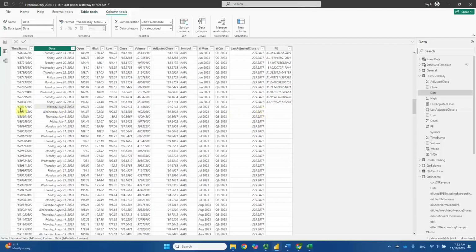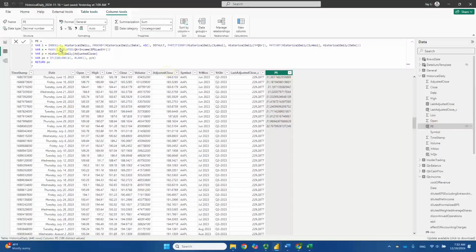The first row in which we have the first missing PE ratio is related to July 3rd, 2023. The PE ratio definition will retrieve the last trading day of Apple stock for the current quarter, because we're looking at July 3rd, 2023. The quarter should be the third quarter of 2023.